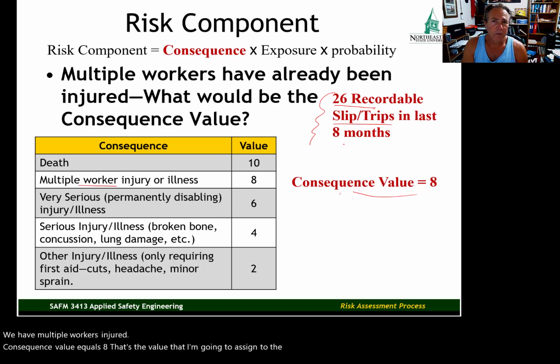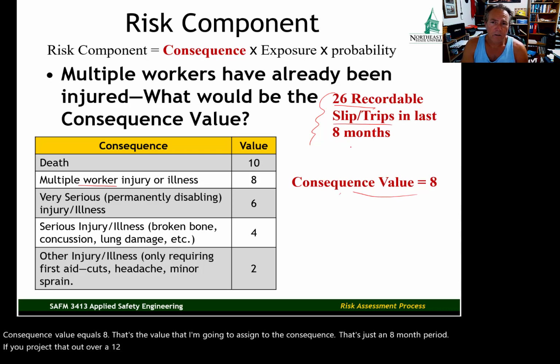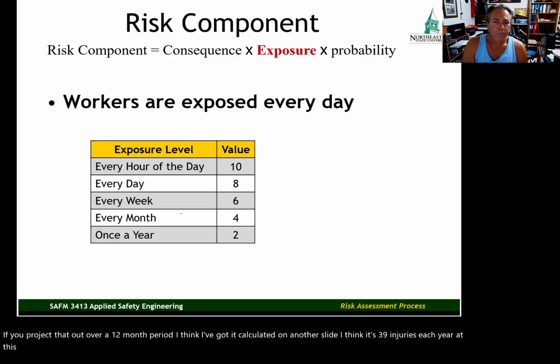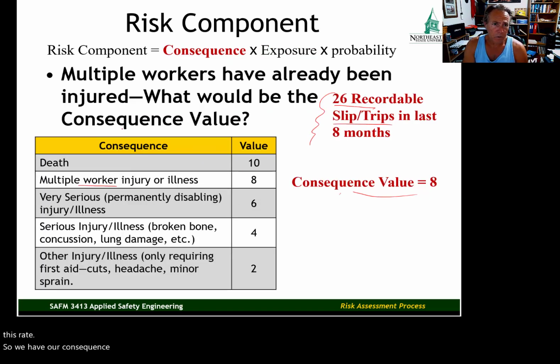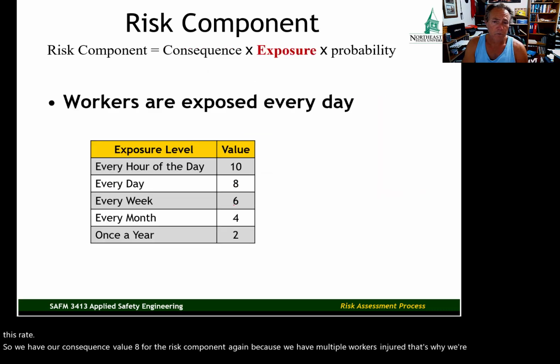That's just in an 8-month period. If you project that out over a 12-month period, I think it's 39 injuries each year at this rate. So we have our consequence value of 8 for the risk component, again, because we have multiple workers injured.